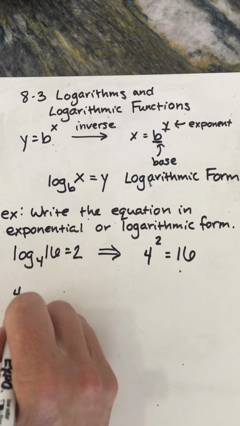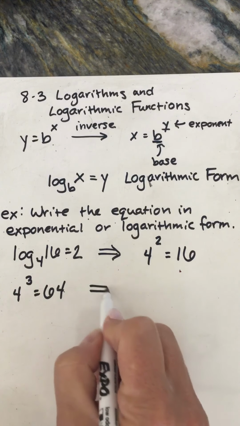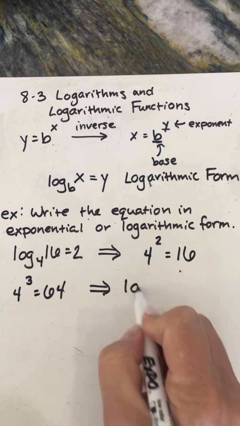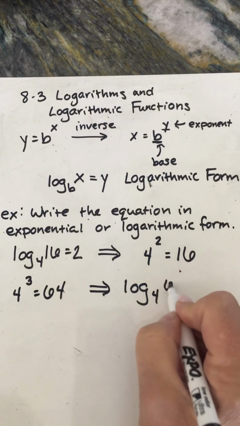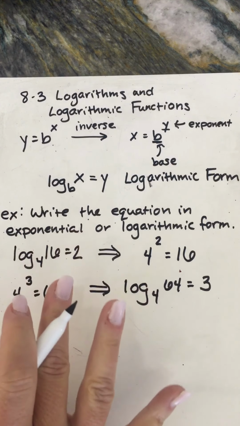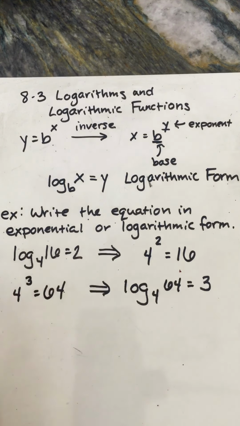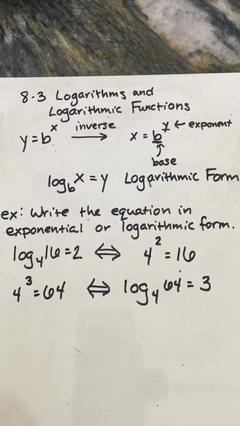Let's do 4 to the third equals 64. Write that in log form, logarithmic form. So log base 4, your base is 4, of 64 is equal to 3. So it's just going back and forth between exponential and log. Okay, and they go back and forth.